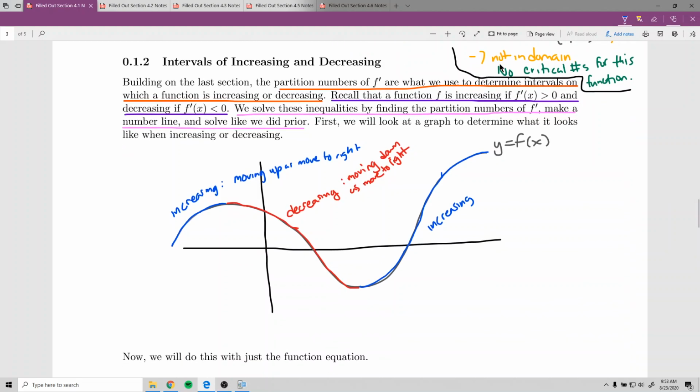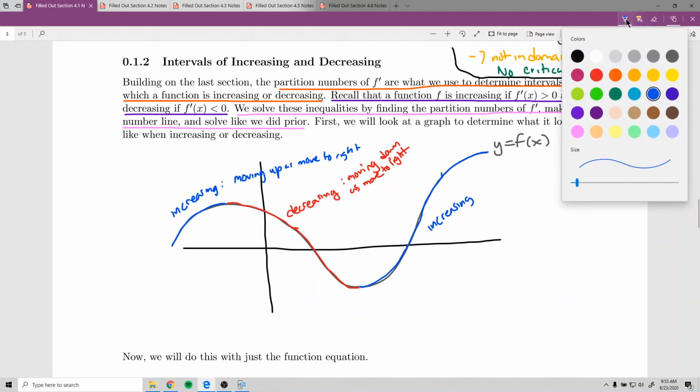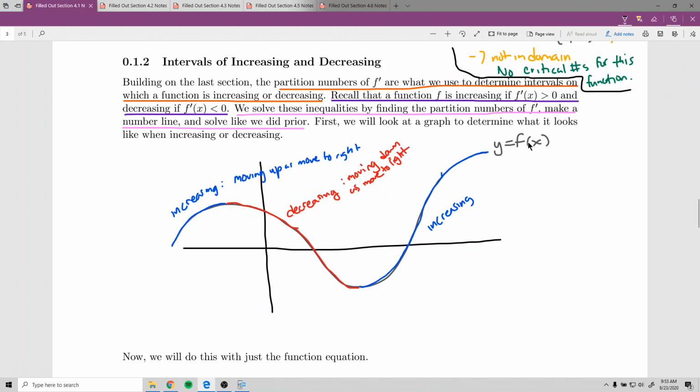All right, now one thing that's important about finding intervals where it's increasing or decreasing, which will work out in our problems. Let's say it starts at A, and this is number B where it switches, and then number C where it switches, and then number D at the end. When you write the intervals of increasing or decreasing, you always use parentheses.